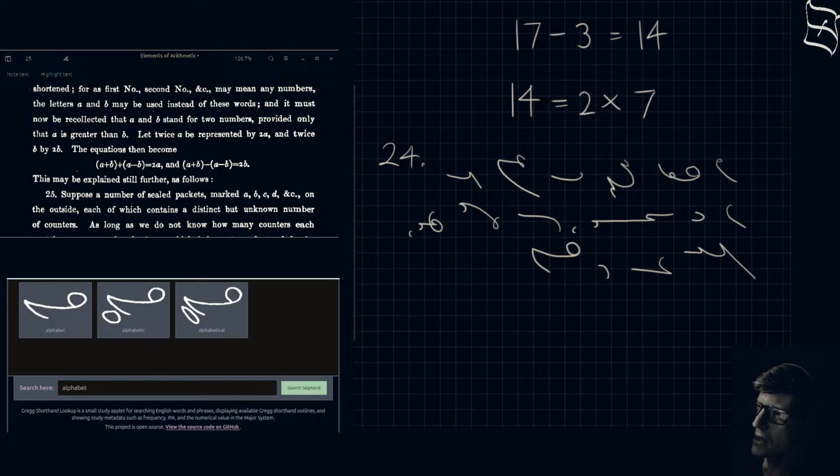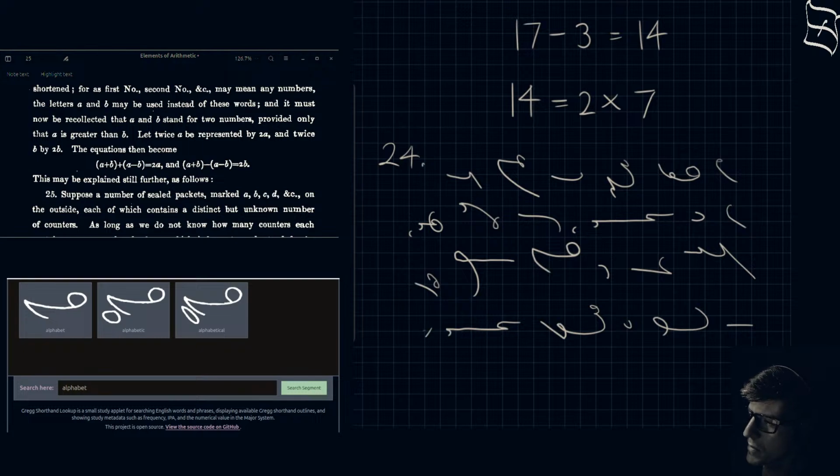Drawn from the alphabet may be used in place of explicit numbers.